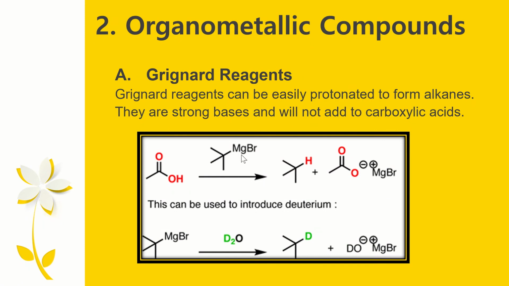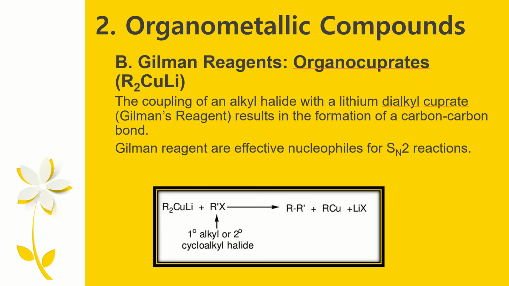So we have our Grignard reagent here again, which can be protonated to form an alkane, right? So we're seeing it twice here. Another organometallic reagent is Gilman reagents, and you might know it as an organocuprate.